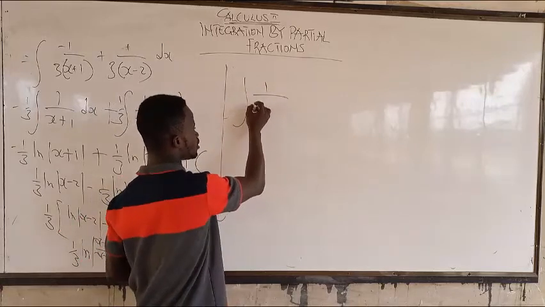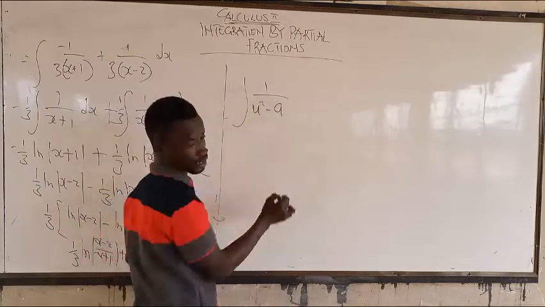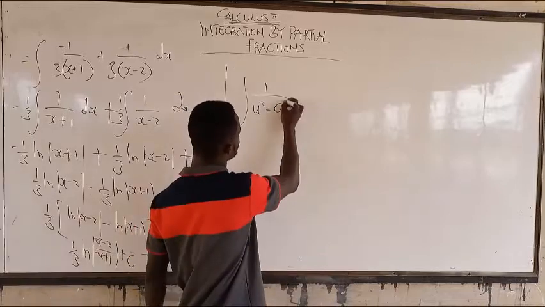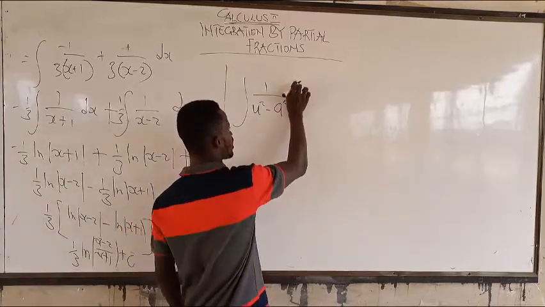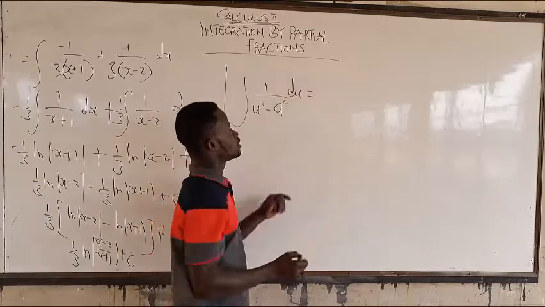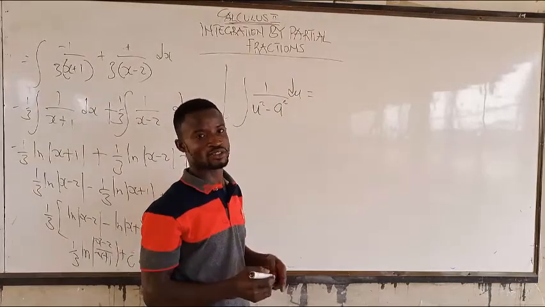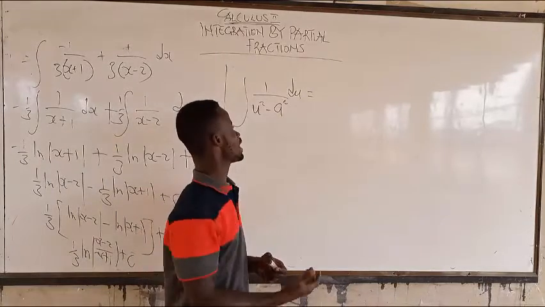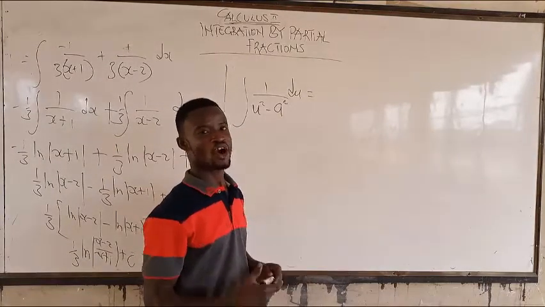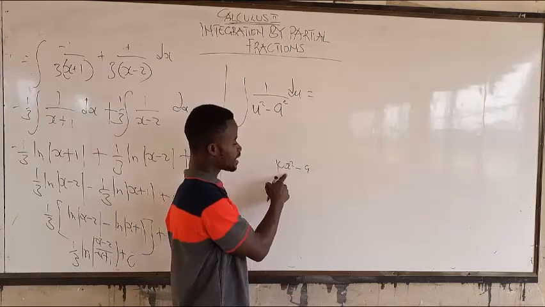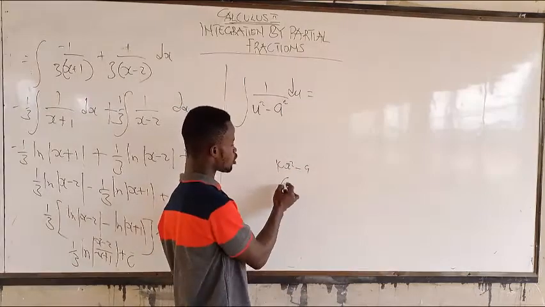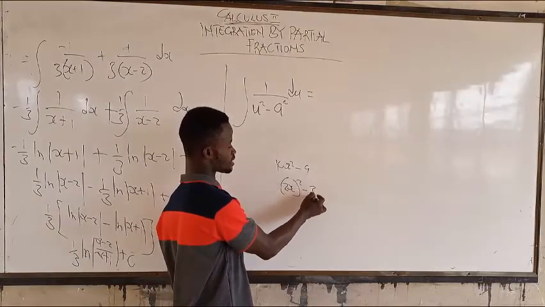1 over u squared minus a squared, which is in the form of a difference of two squares with respect to u. It can be s squared minus a squared, or 4s squared minus 9. This is still a difference of two squares because you get 2s squared minus 3 squared.